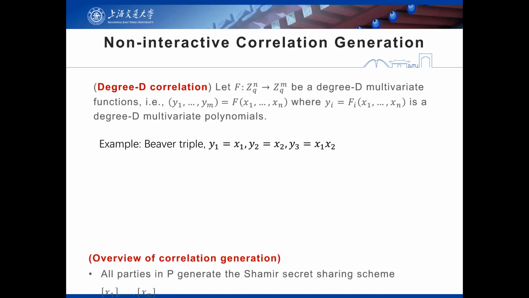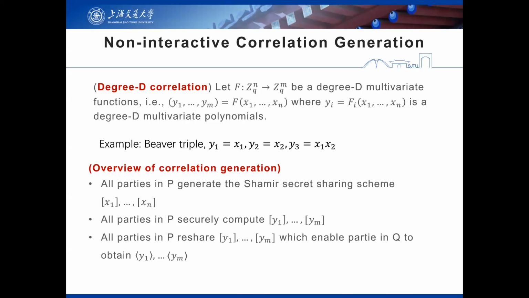Okay, so we now introduce how to generate correlations from this degree d correlation polynomial. In the pre-processing step, all parties in P generate a Shamir secret sharing of x1 to xn. Then all parties in P securely compute y1 to yn based on x1 to xn.